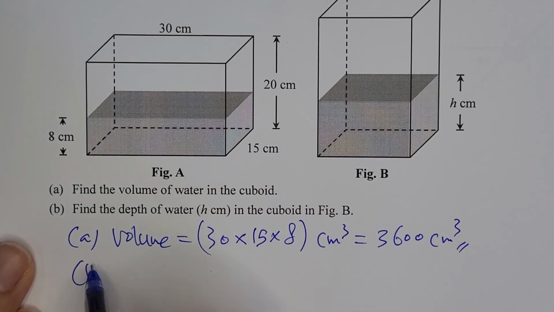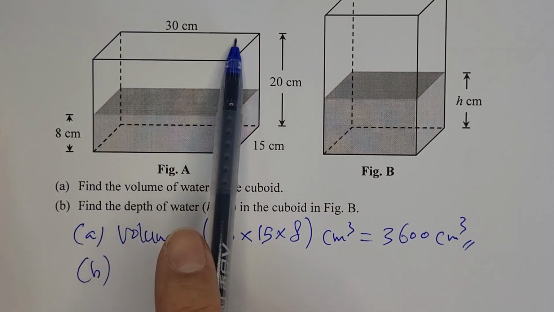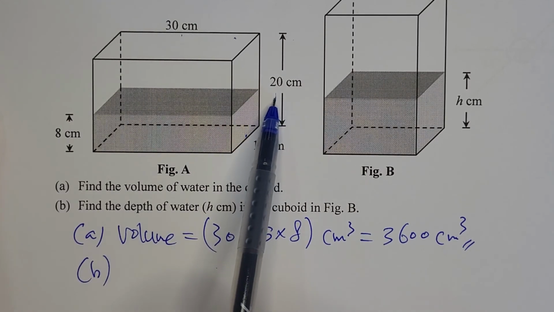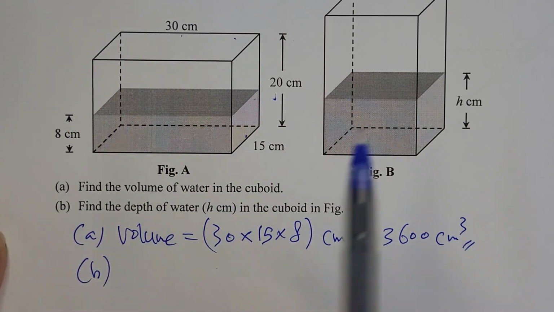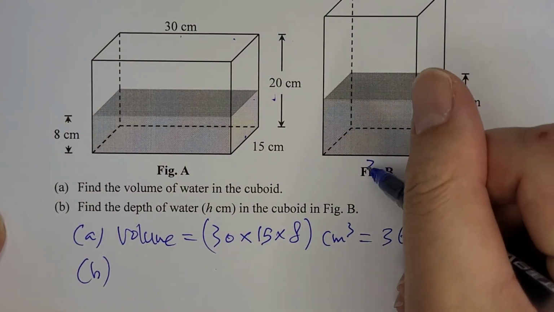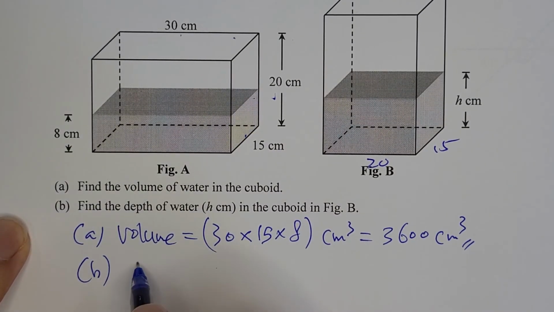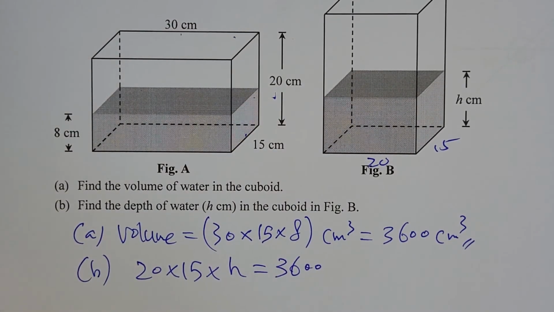B, you need to rethink which base would be the smallest: 30 times 15, 20 times 15, or 30 times 20. You can see that 20 times 15 would be the smallest number. Just write down like this. Then you can set up the equation. The base area 20 times 15 times h will be 3600.